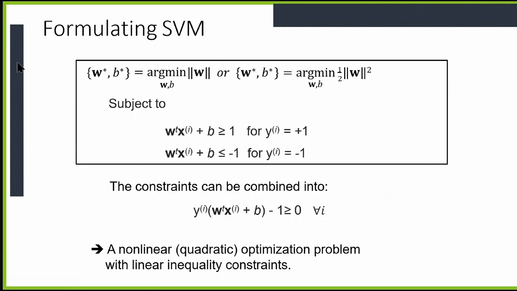So we're trying to find the argument, the weight and bias, minimizing the weight vector to maximize the margin, and for convenience we set this as a quadratic problem here.